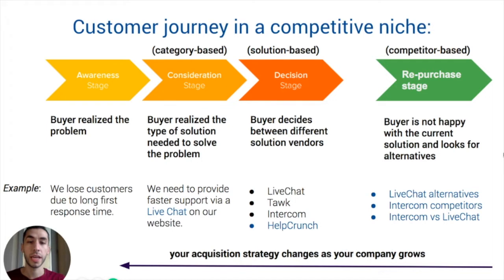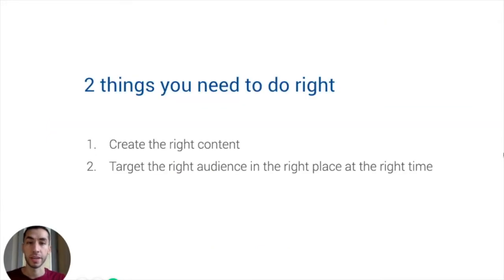So at the early stages, you can focus on that, and then move your acquisition strategy as your company grows towards the left, right? So you can then focus on becoming a leader in this space and become one of the best solutions in a particular software category.